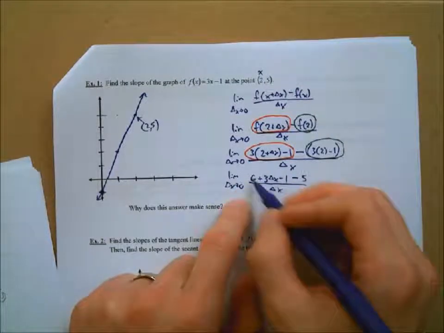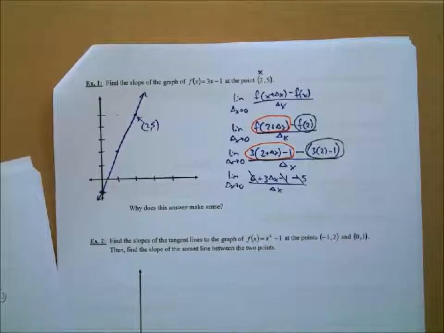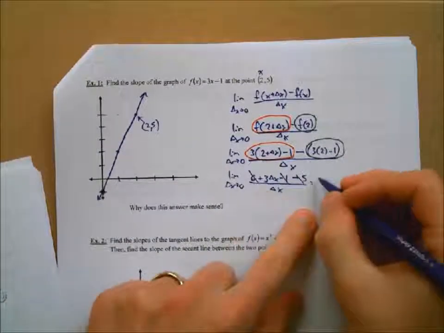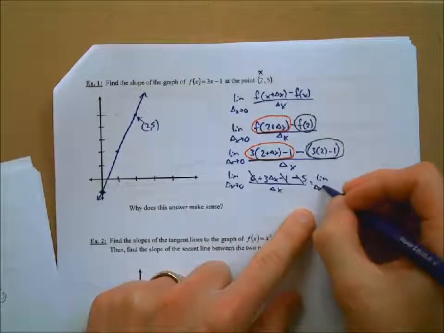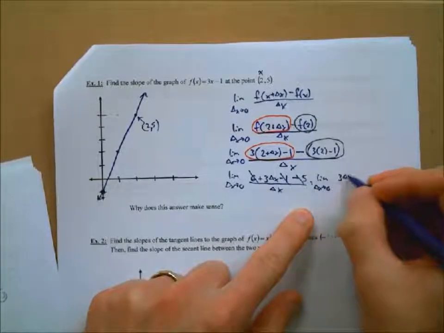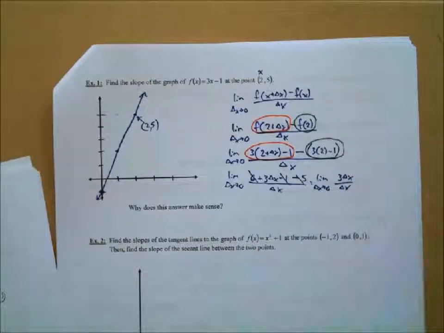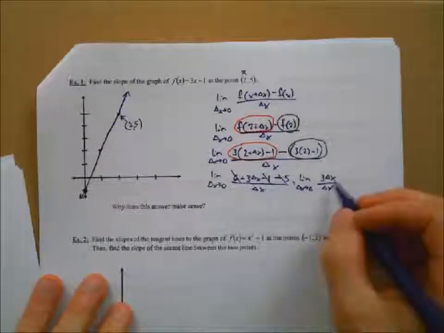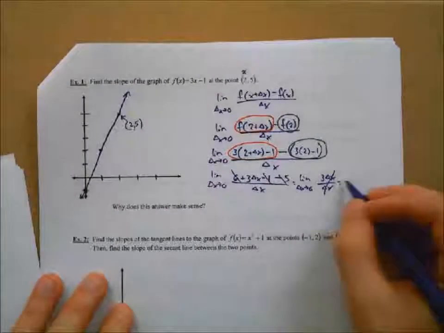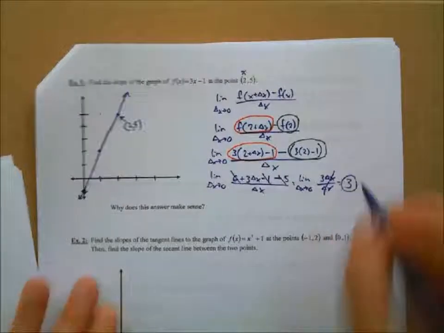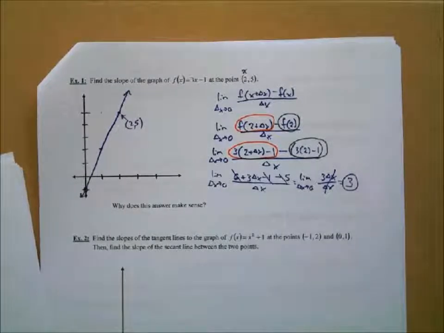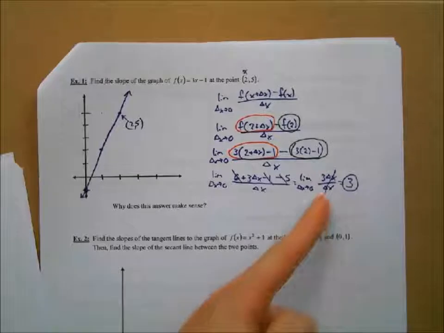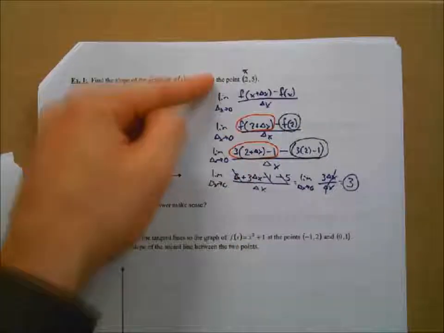So the 6 minus 1 and 5 all cancel out together. And then we're left with the limit as delta x approaches 0 of 3 delta x over delta x. And now what can we do? Cancel out the delta x's, and we're left with, well, 3. There's no other delta x's left over for us to plug in 0, so we'll just say our answer is 3 there.